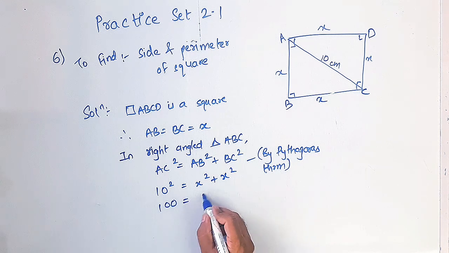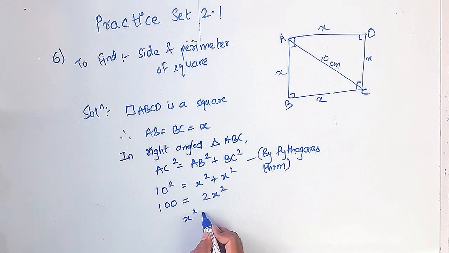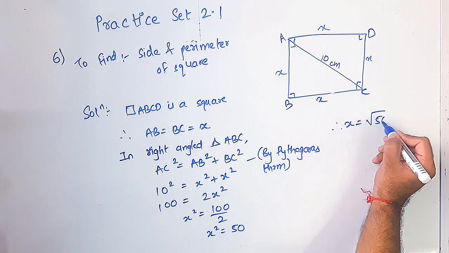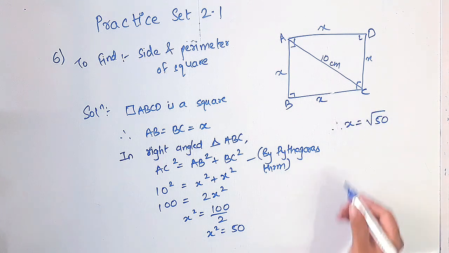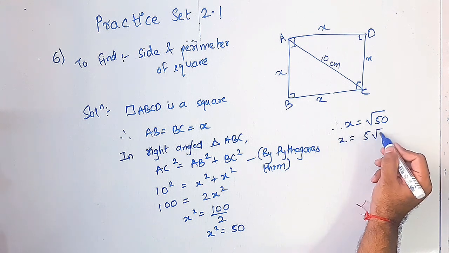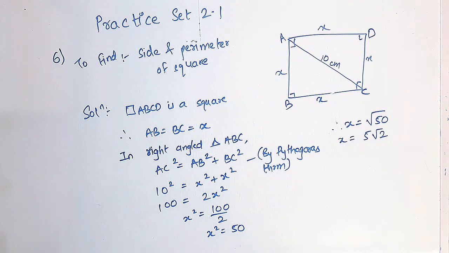This becomes 100, this becomes 2x square. 2 will move there, x square is equal to 100 by 2. So x square is equal to how much? x square is equal to 50. So what will be x then? Therefore x is equal to root 50. You know root 50 is 25 twos are. 25 twos are means 5 will come outside.